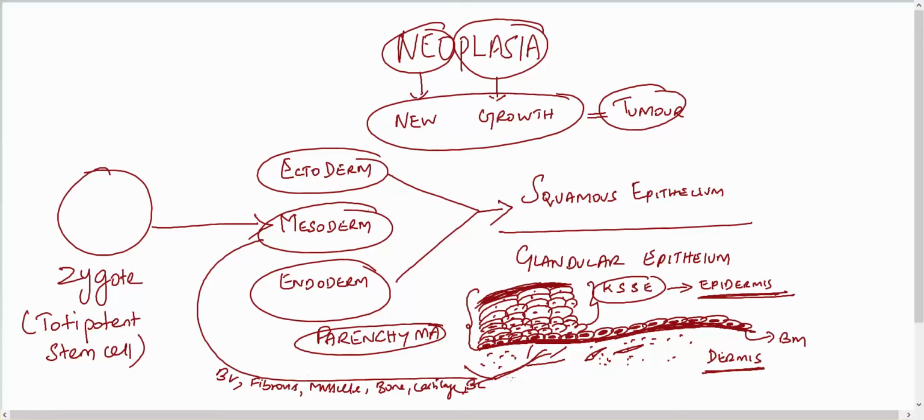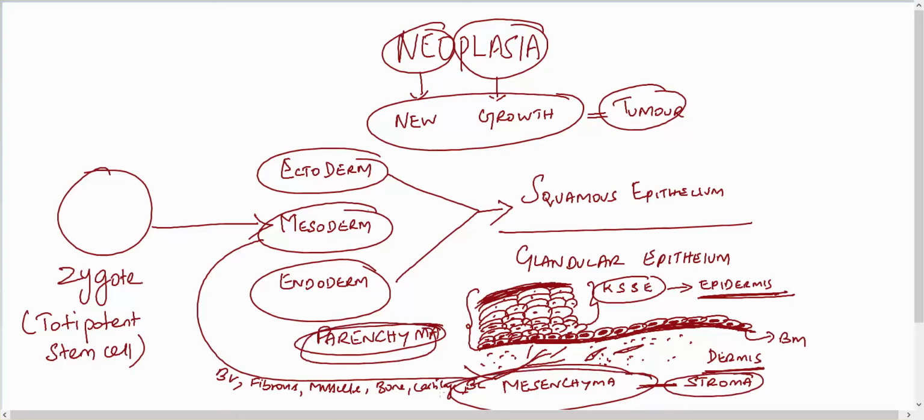They give supportive structure to the epithelium, so they are called mesenchyma, and some call mesenchyma the stroma. So parenchyma means epithelium, and mesenchyma are the supportive structures to the epithelium.